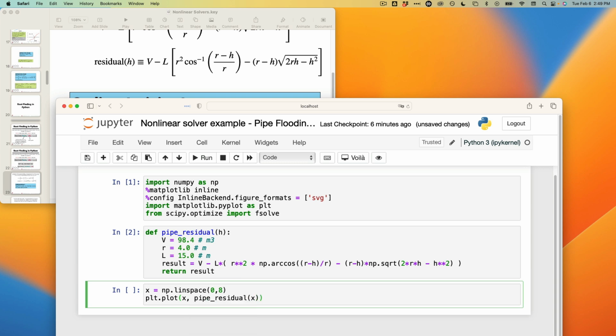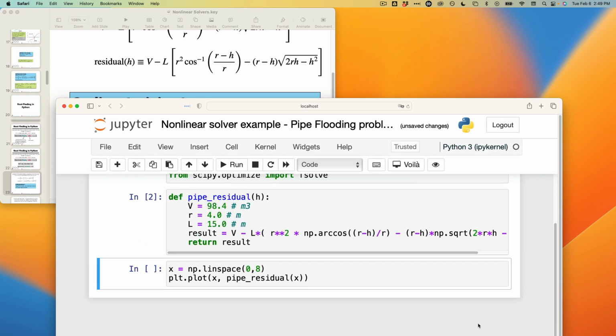All right, so before I plot it, what should we expect here? Remember, this is the residual function, some weird function, V minus a bunch of things. It doesn't necessarily have to have a physical meaning, but there's a few points on that plot that are going to matter a lot. And those points are when that residual function intersects the x-axis or the y=0 axis. Those are going to be our roots. So those are the points that we are really interested in.